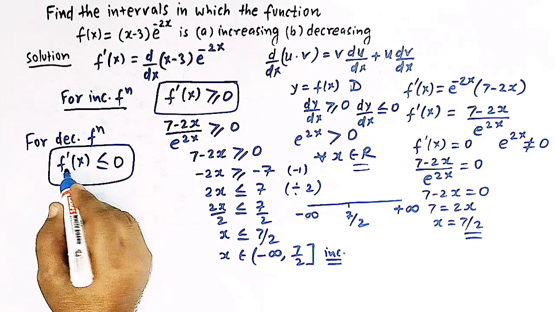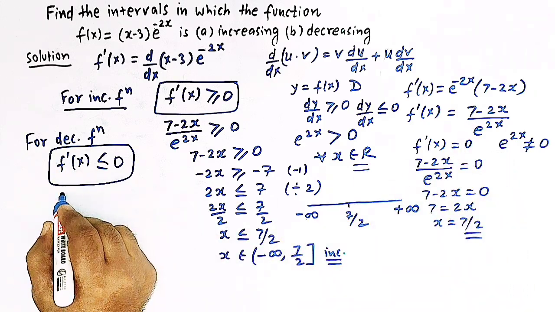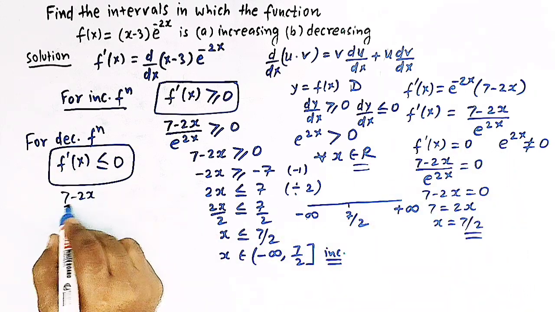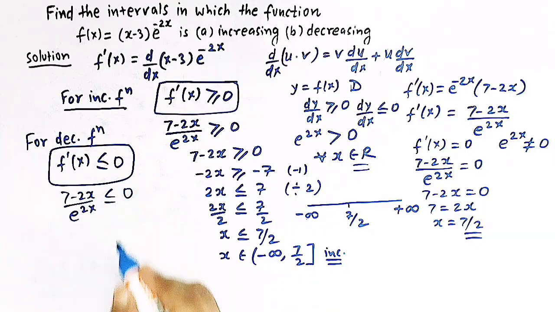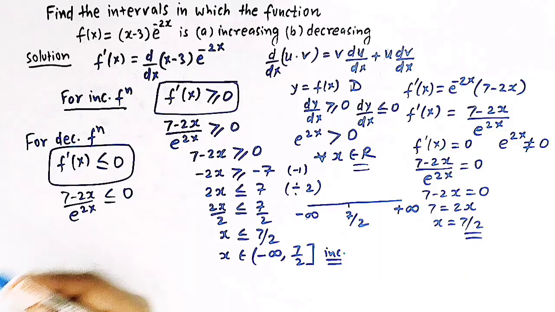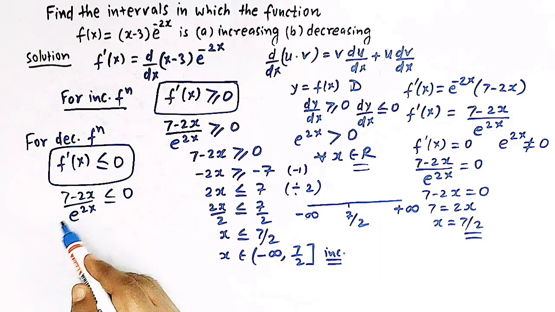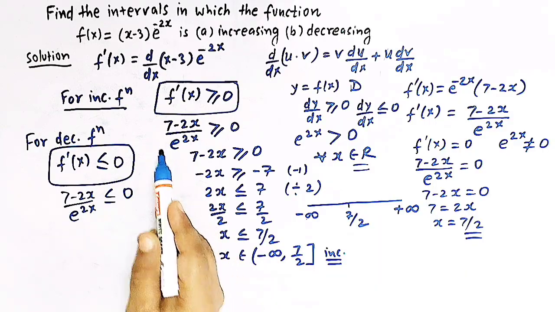So here f prime of x is given by 7 minus 2x over e raised to 2x less than or equal to 0. So now again we can apply the same argument here.